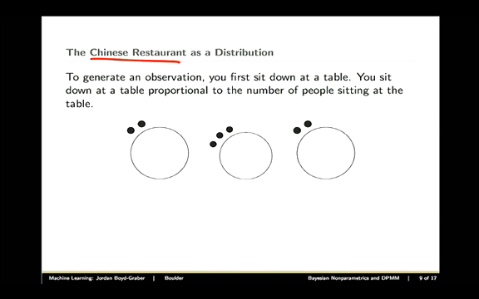And so you have some new person who walks into the restaurant, and they sit down at a table with probability proportional to the number of people sitting at the table. And so in this case, 2/7 probability here, 3/7 probability here, 2/7 probability here. And then once they sit down at a table, each table is associated with a dish, and that corresponds to the mean of this cluster, say, and then you draw an observation with probability, say, normal with mean of the dish of that table.